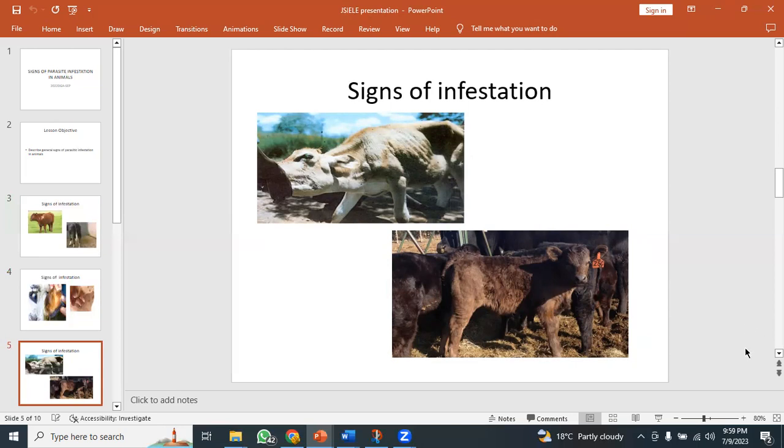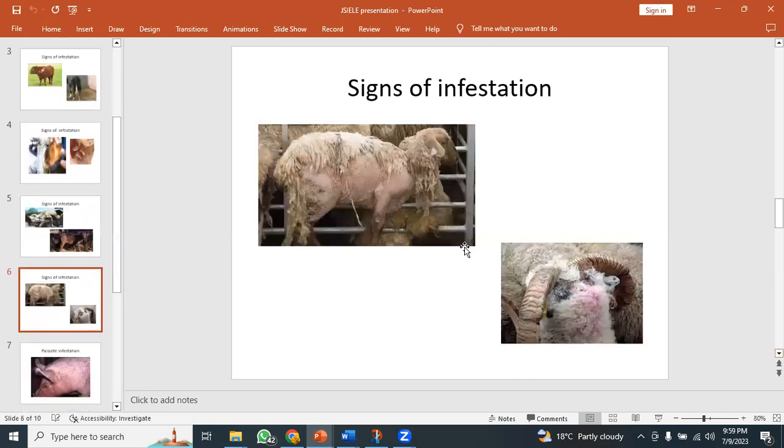There's rough hair coat. Okay, yes. Loss of weight. Okay, so a healthy calf is supposed to have a smooth hair coat, and of course, you need to see them growing because if you're feeding them well, they need to be growing. So this one is infested with parasites. That's why it's looking the way it's looking.